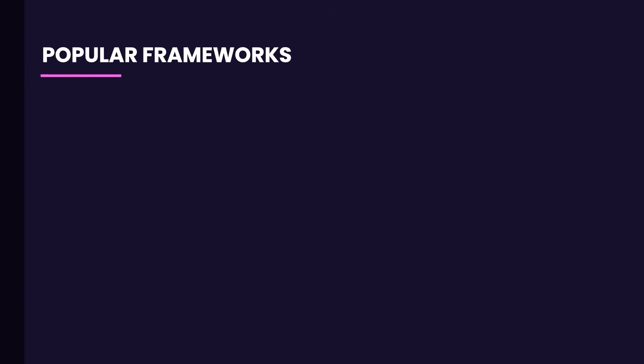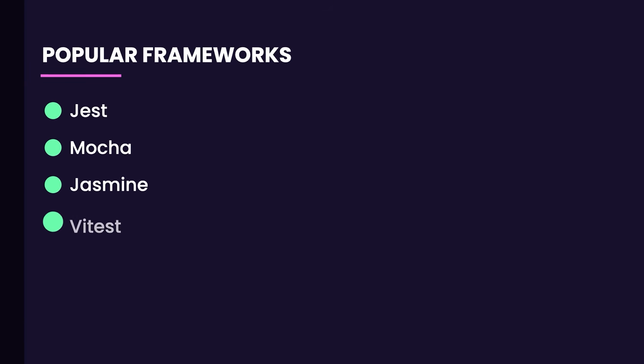Now, there are several testing frameworks out there like Jest, Mocha, Jasmine, Vitest, Cypress, Playwright, and many, many more. All these frameworks work more or less the same way. So once you get the hang of one, you can easily pick up other frameworks.